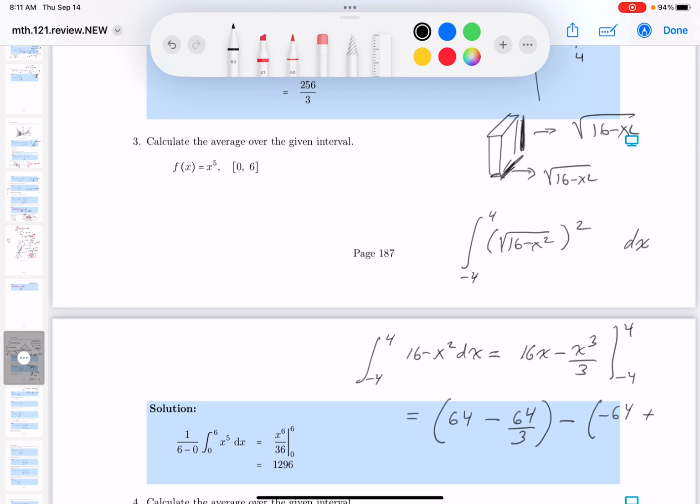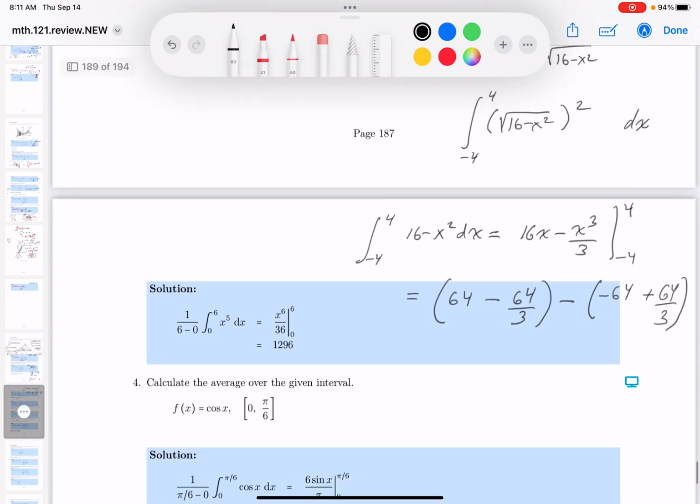Because when you cube the minus 4, you get plus 64 thirds. All right, got to go through the arithmetic now. 64 minus a minus 64 is 128. And minus 64 minus 64 thirds is minus 128 thirds.